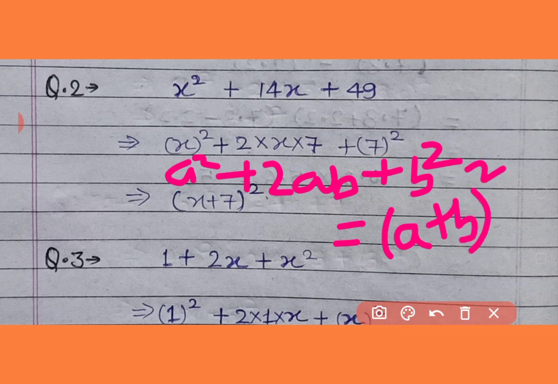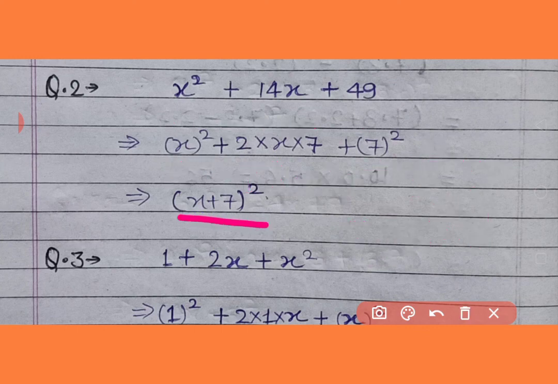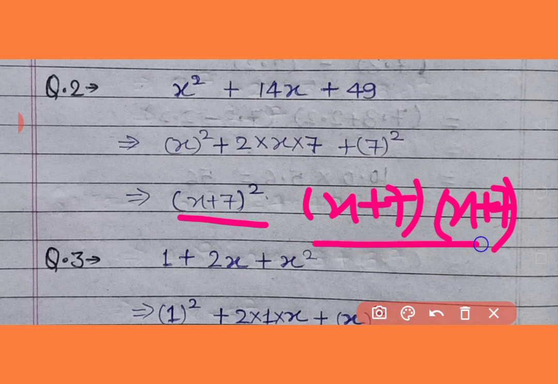So we will write x as a and 7 as b, and we will put a plus sign because 2 multiplied with 7 multiplied with x was positive. Now after it we will take a square, so it became (x plus 7) whole square. Either it can also give the answer (x plus 7) in the first bracket and (x plus 7) in the second bracket. As you can understand, both answers are right.